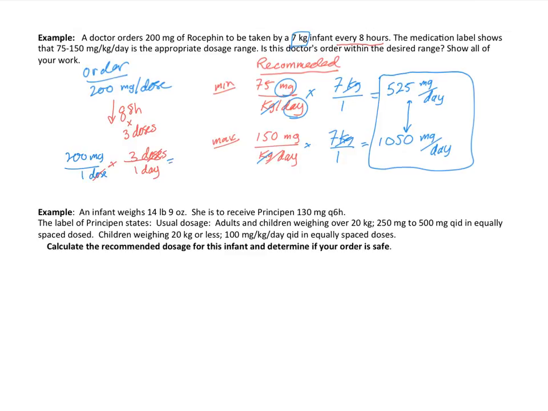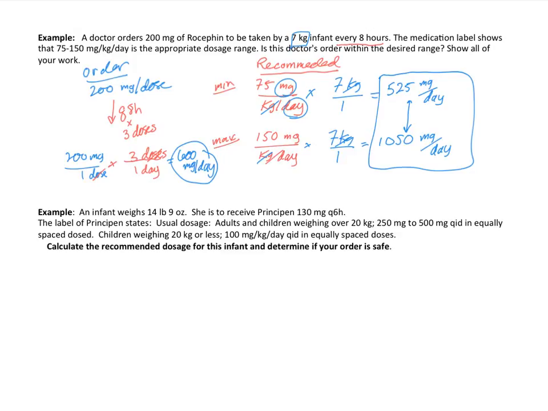So I would be giving 600 milligrams per day. If I follow through with the order, I would be administering to this patient 600 milligrams per day. Now that the labels match, milligrams per day, I can say yes, this is within the recommended range. So I would say yes, this would be appropriate because the order is within the recommended range for a 7-kilogram patient.